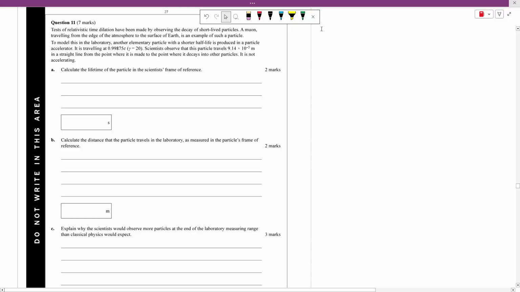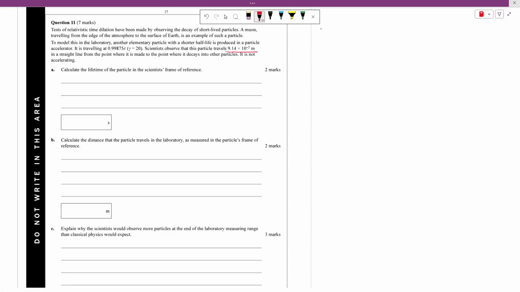Okay, so we want to know how long the particle exists for. It says it travels this length from the point where it was made to the point where it decays.